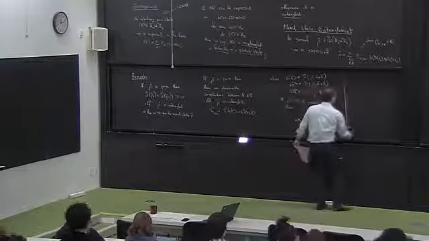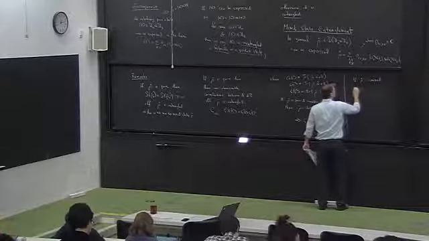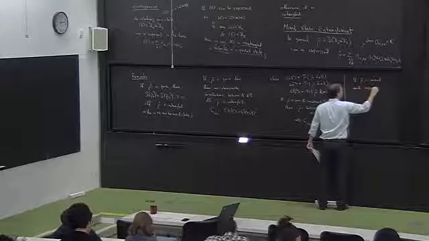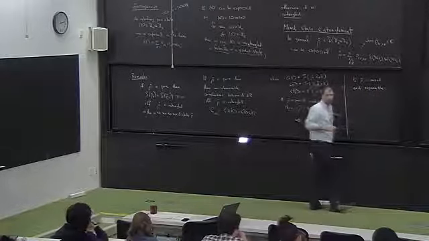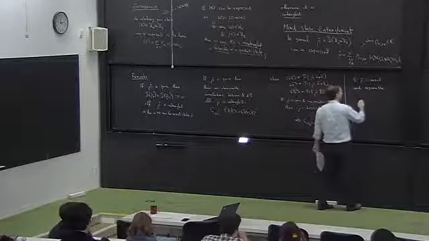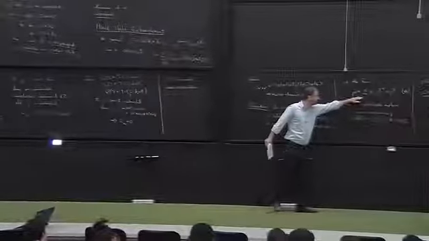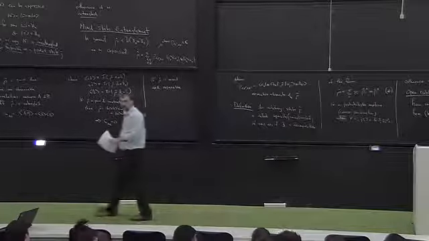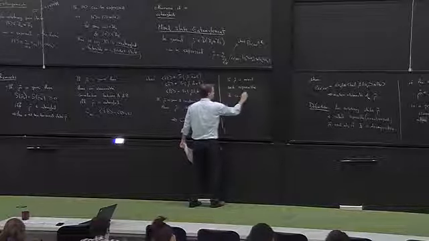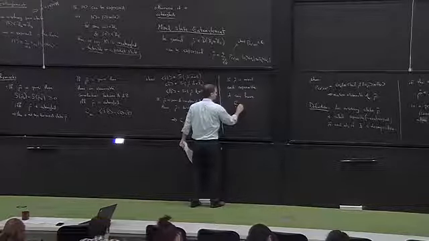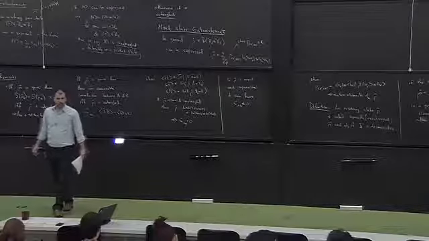Now, clearly, if rho is mixed and separable, and remember that this notion of separable has nothing to do with a separable Hilbert space. This is a property of state operators, not a property of the Hilbert space. If rho is mixed and separable, then it admits a decomposition of this form, and it can have classical correlations. What do you mean by a classical correlation?